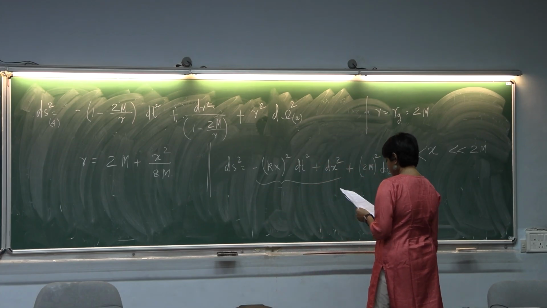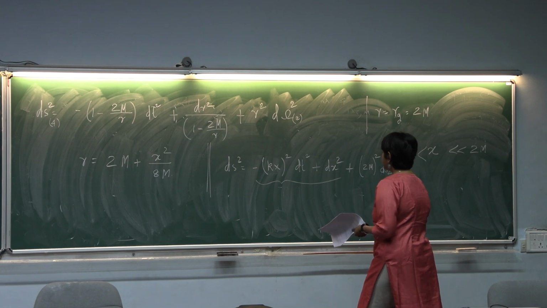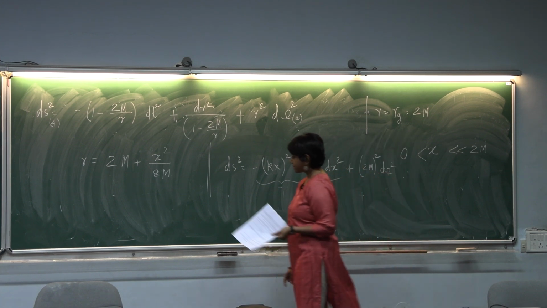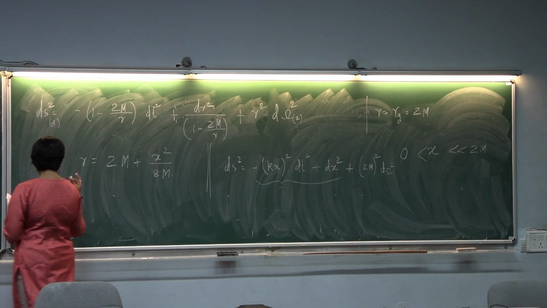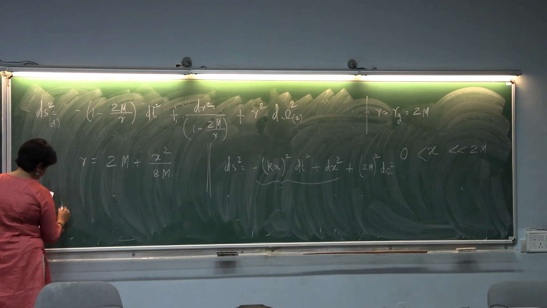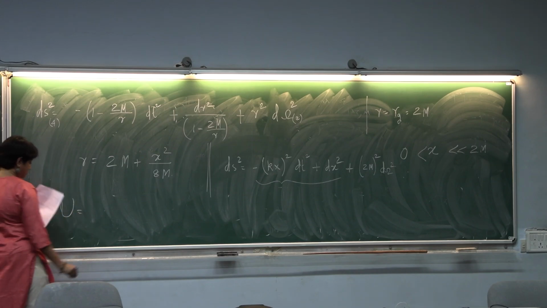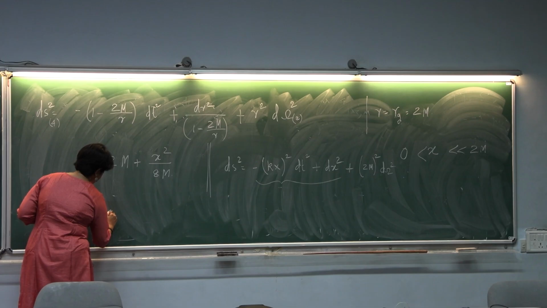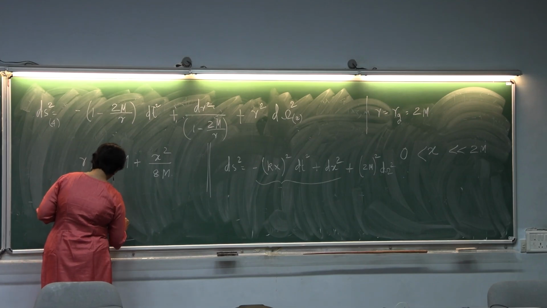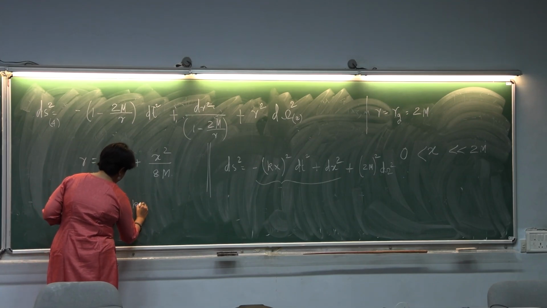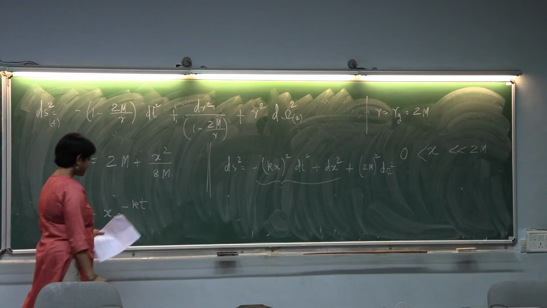So let us take another coordinate transformation from this point. Capital U varies as minus x e to the power minus kappa t.